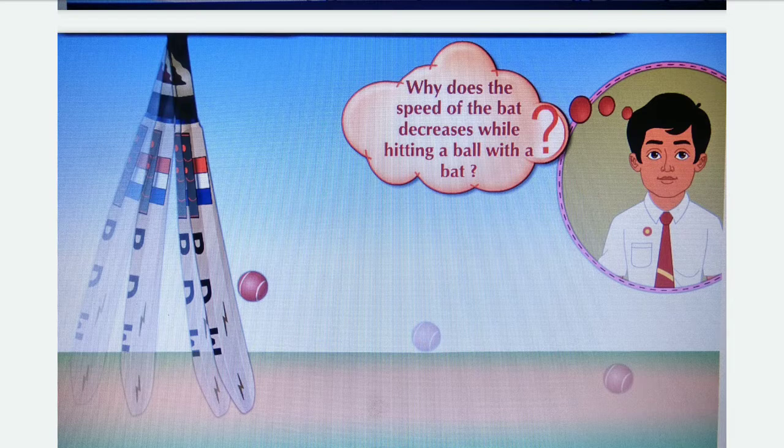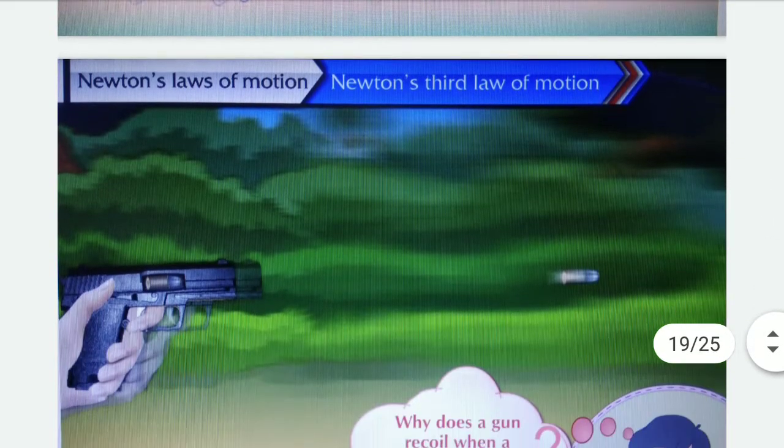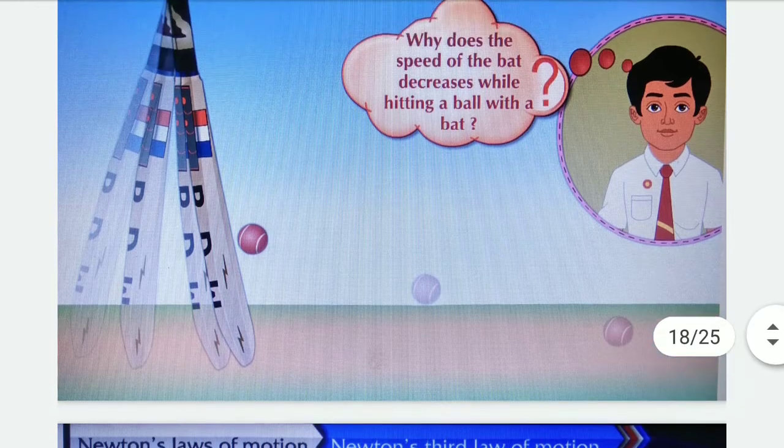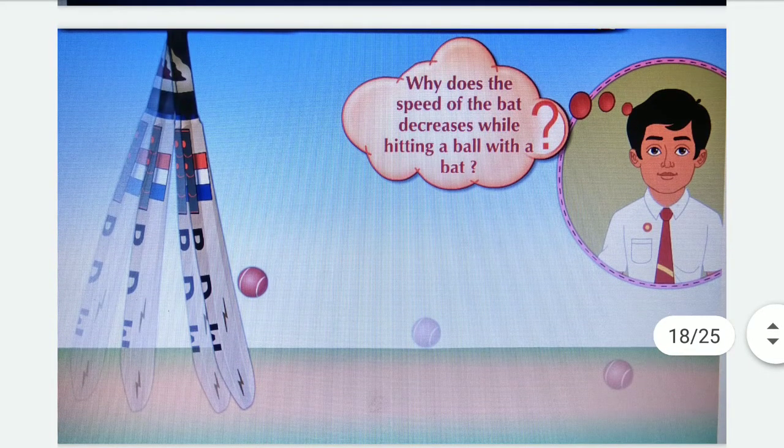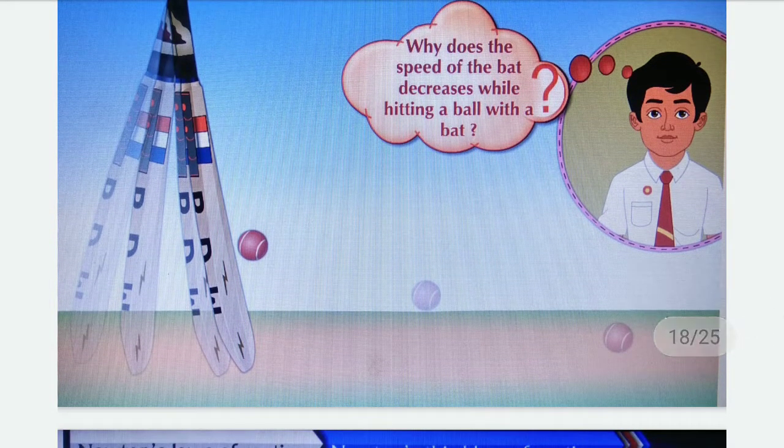Why does the speed of the bat decrease while hitting a ball with a bat? This is again an example of Newton's third law of motion.